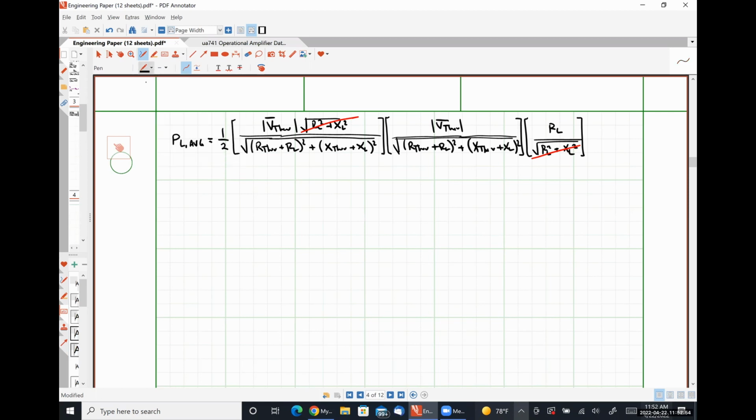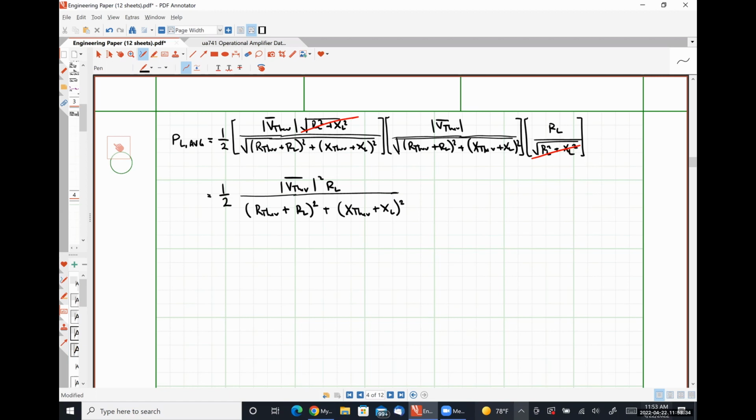So this is going to look like 1/2 the magnitude of V Thevenin squared times RL divided by (R Thevenin plus RL) quantity squared plus (X Thevenin plus XL) quantity squared.